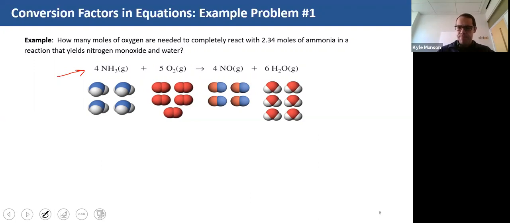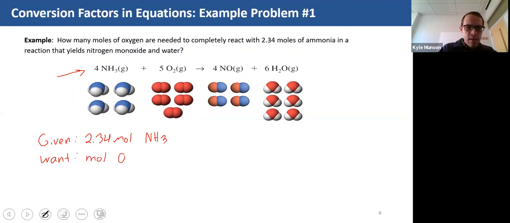So let's see here. Again, we're going to use dimensional analysis. So what we should do is write down what's given. We're given 2.34 moles of NH3, and I want moles of oxygen.